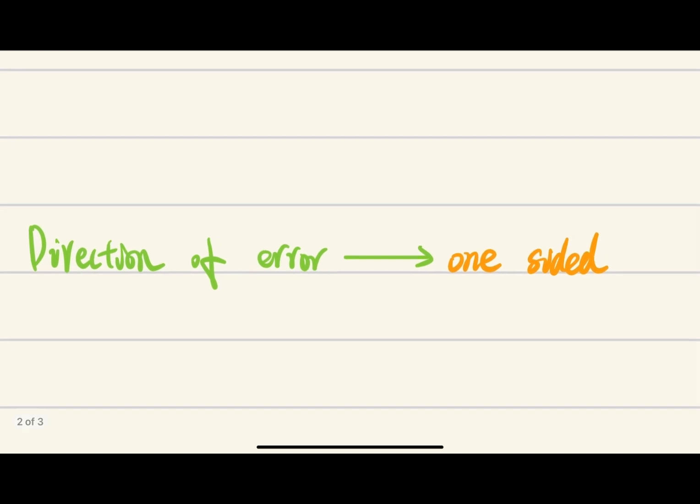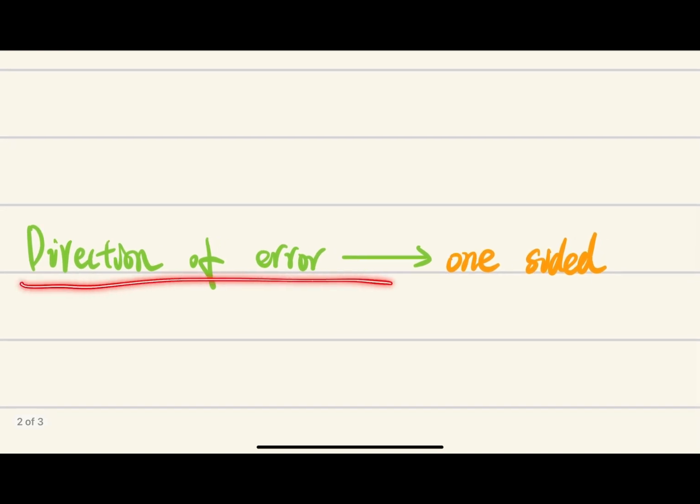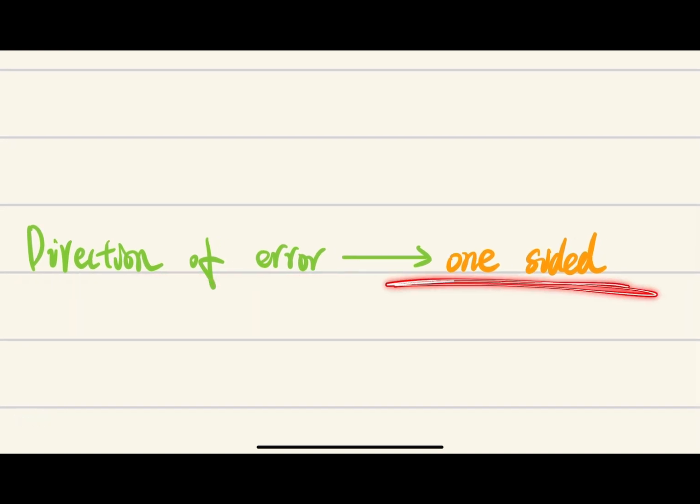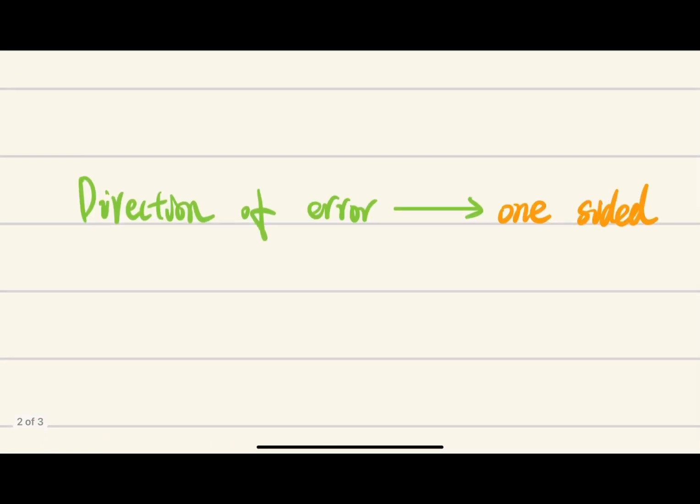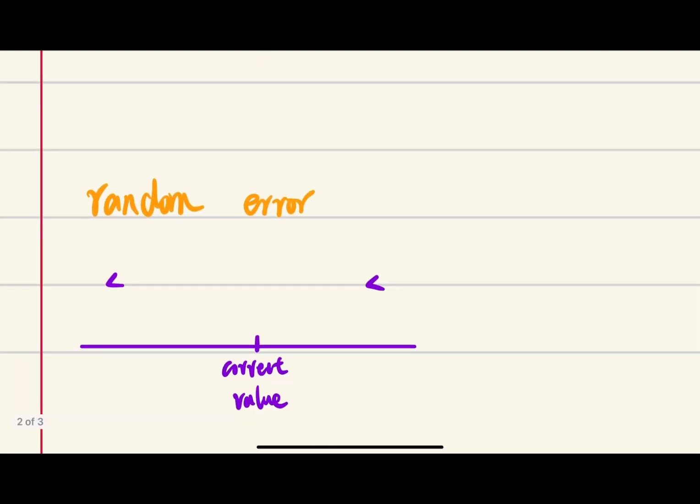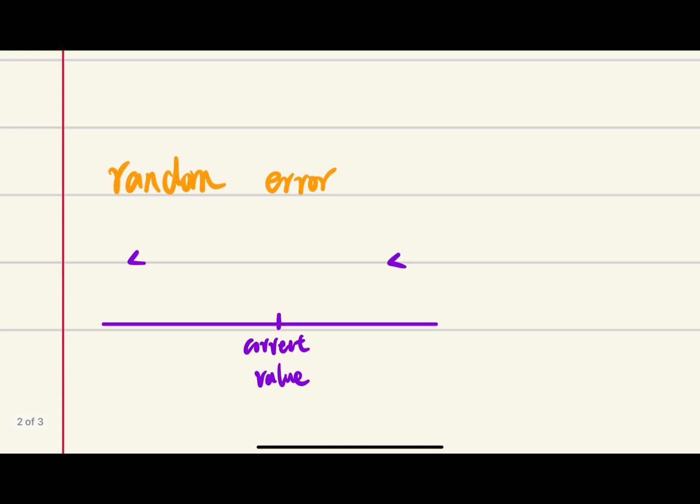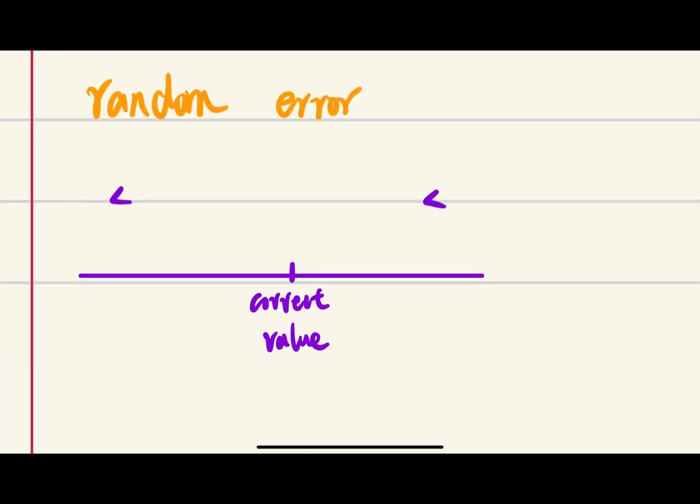That being said, the direction of the error is only one-sided. The direction here is only going to be left or right, or up or down, or higher or lower.